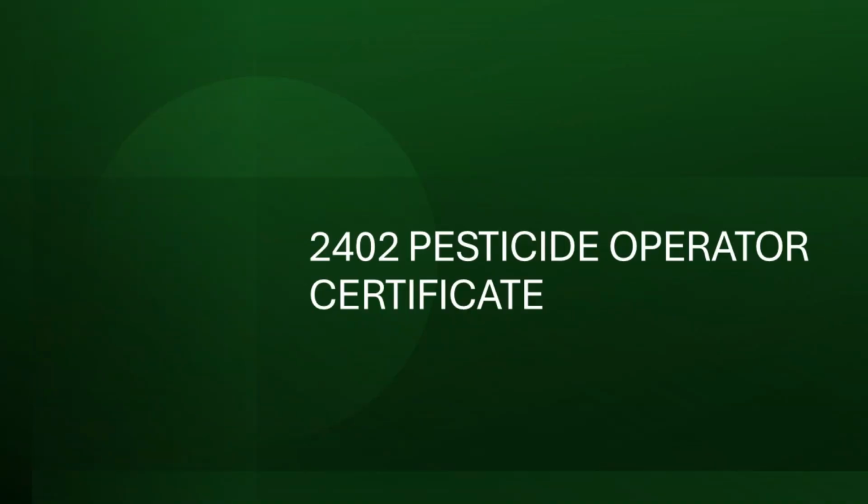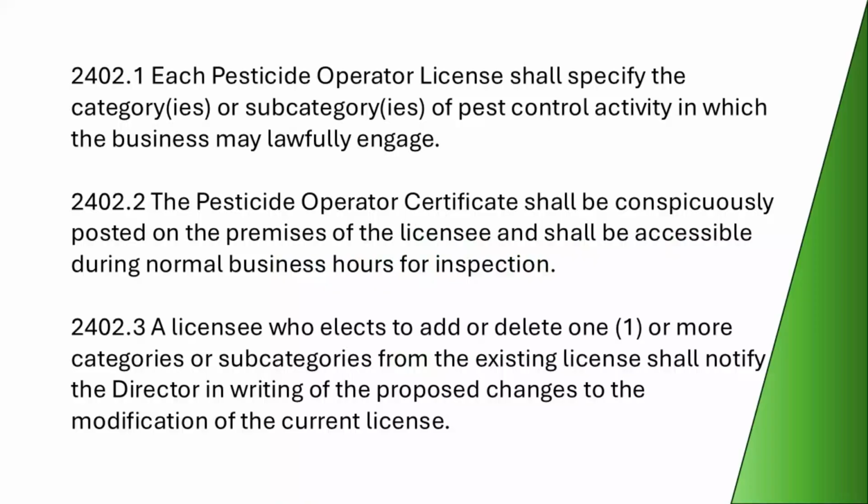2402. Pesticide Operator Certificate. 2402.1. Each pesticide operator license shall specify the categories or subcategories of pest control activity in which the business may lawfully engage. 2402.2.